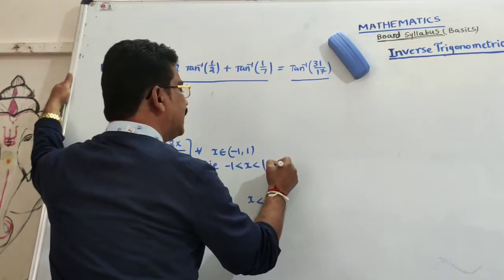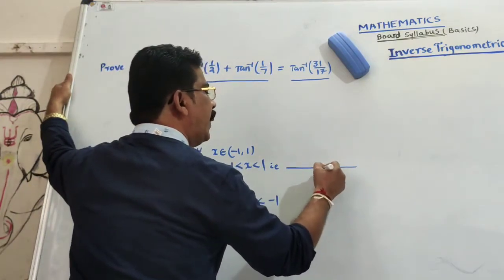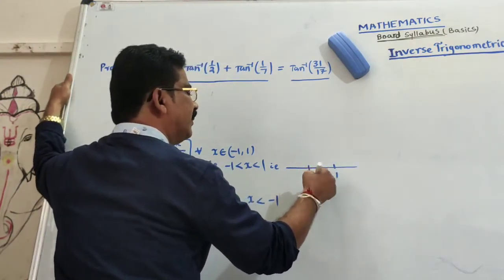This is 0, this is 1, this one is minus 1.